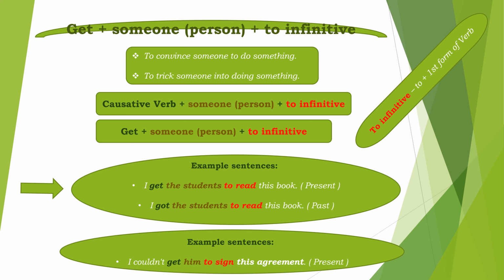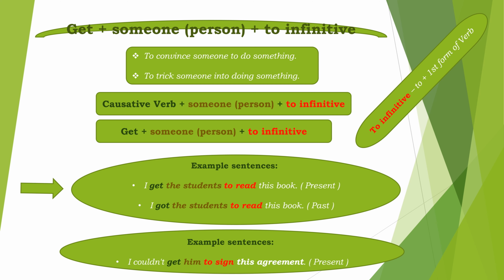It might be boring to read a history book. But if I get the students to read this book, that means I trick them. I trick someone into doing something. So I trick my students to read a boring book. Second example, I got the students to read this book.